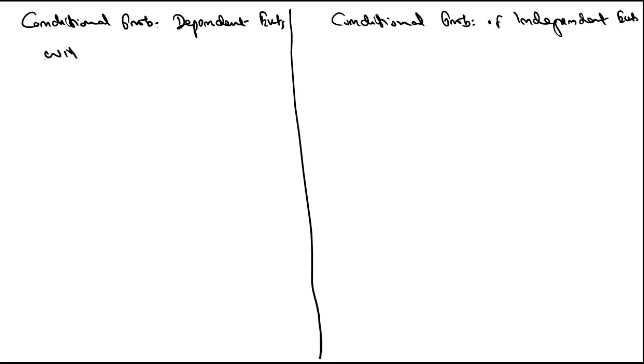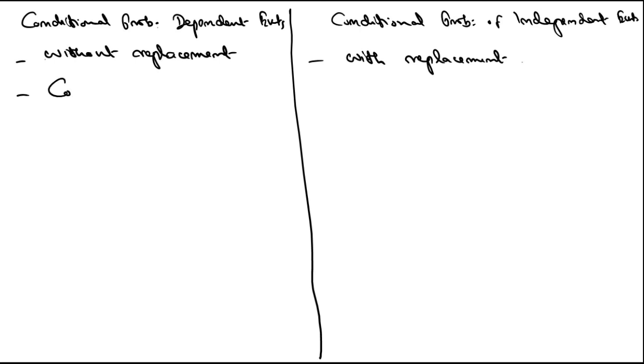Here it is without replacement. Here it is with replacement. Here you can use combination.